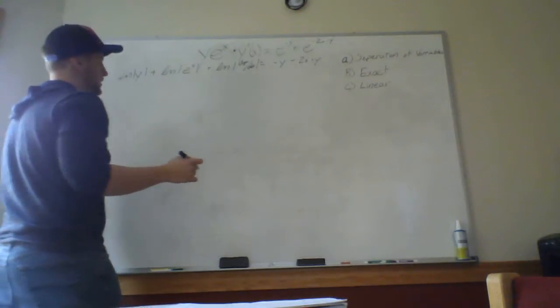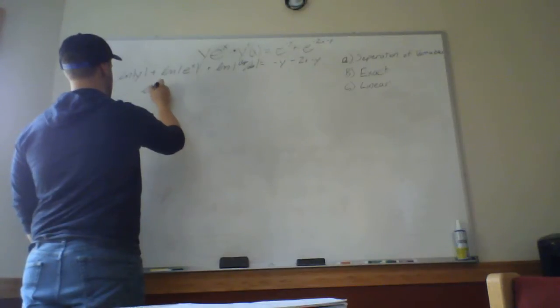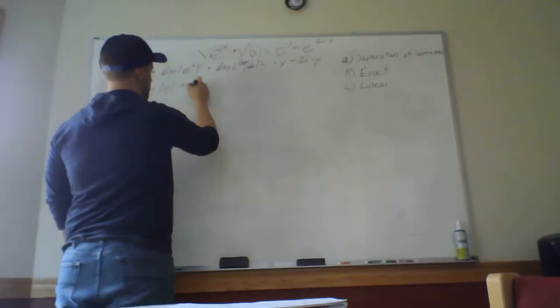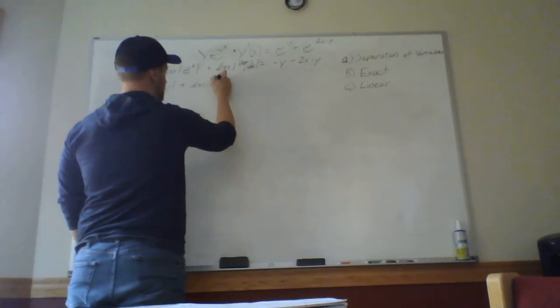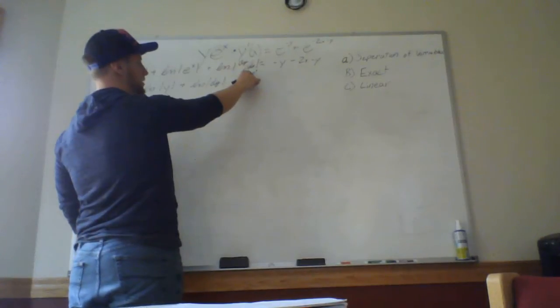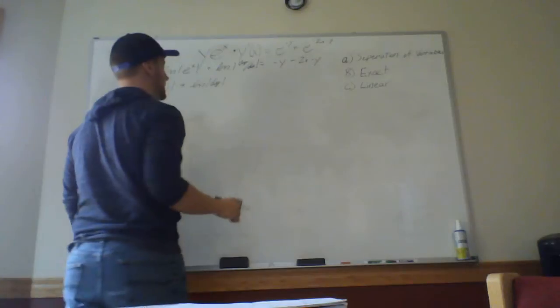Then take this a step further by rearranging the problem a little bit. So we have natural log of y plus the natural log of dy, because we can split this, since these two are being divided by each other, to be the natural log of dy subtract the natural log of dx.